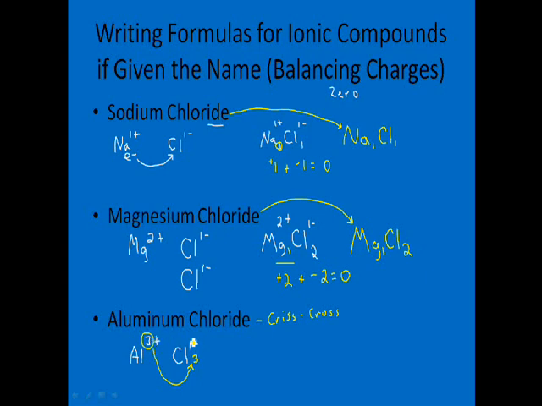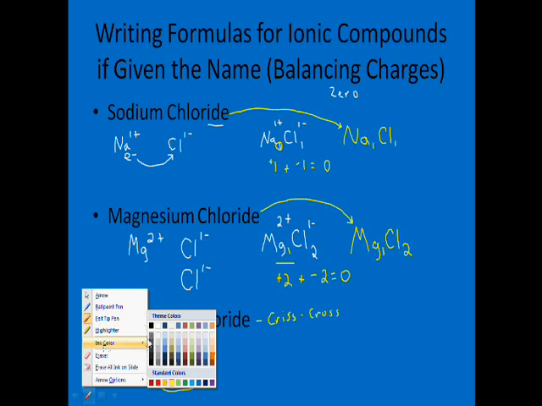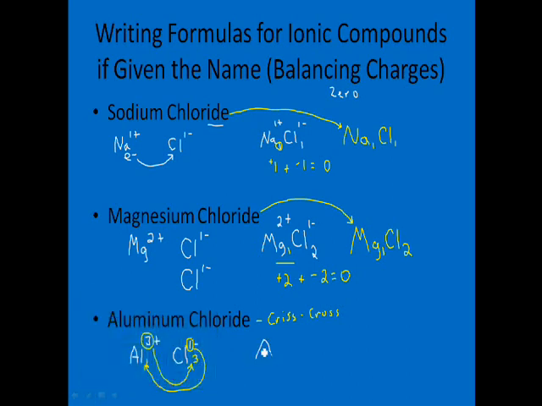And then if I take the number, now I don't want to carry the charge down there because I'm just looking for how many atoms there are. And I'm going to bring that one around this and put it right there. Make that a 1. What's my formula for aluminum chloride? It would come out to AlCl3 using this method of the crisscross. And that works for all ionic compounds. You just need to make sure that you are crossing appropriately and still balancing the charges.